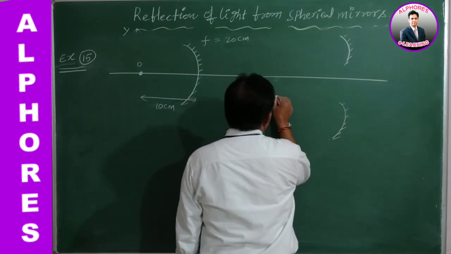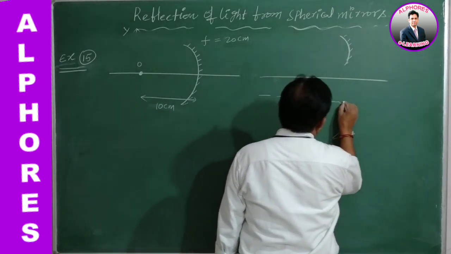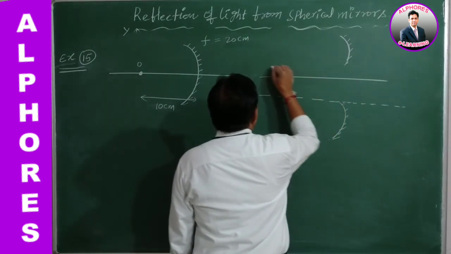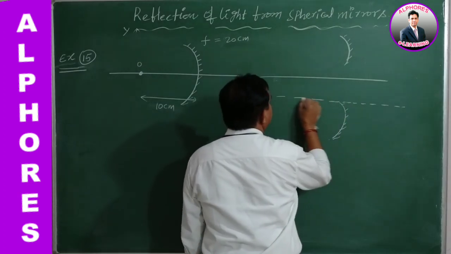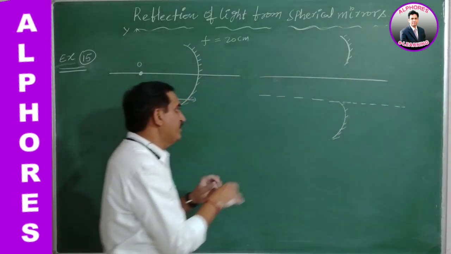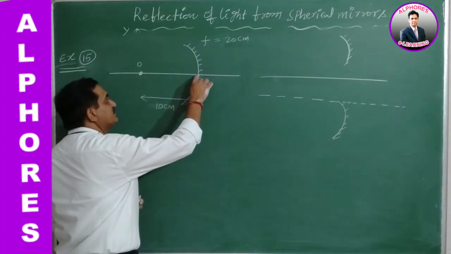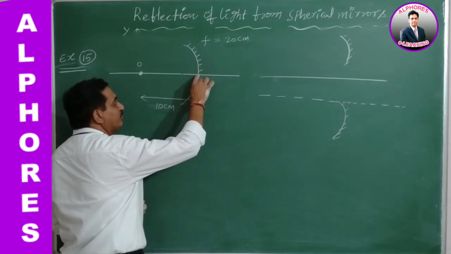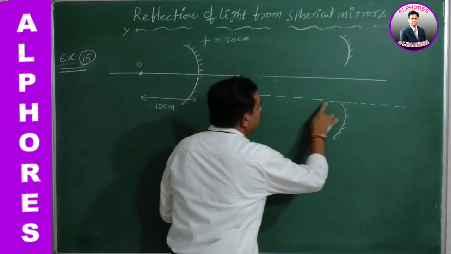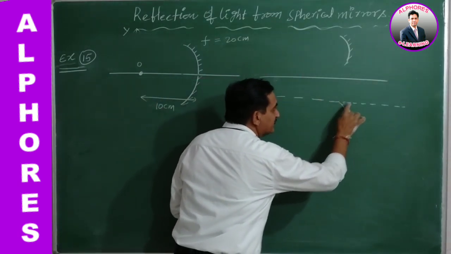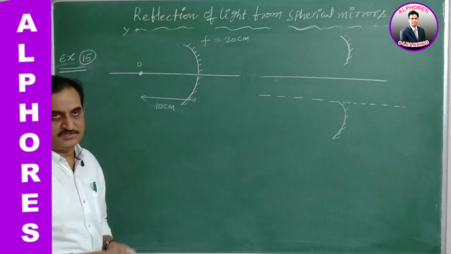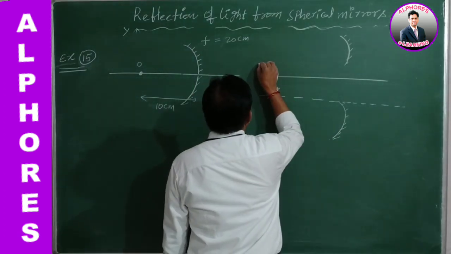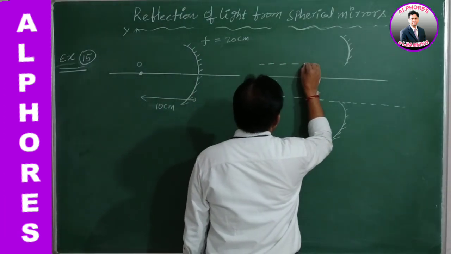So this is actually cut into 2 equal parts and this line is imagined to be passing through the midpoint. Once it is cut into 2 equal parts, the imaginary line passing through the midpoint is taken to be a principal axis. For this, one more principal axis we can imagine over here.